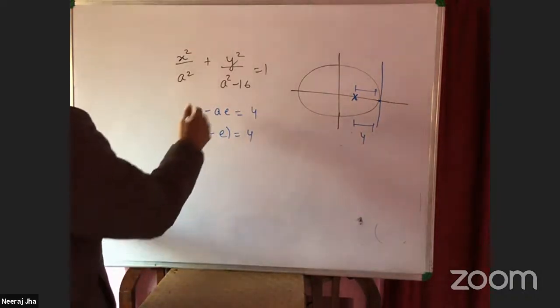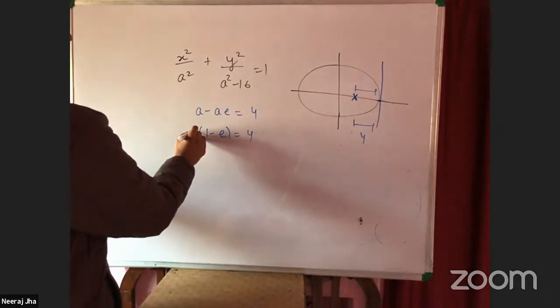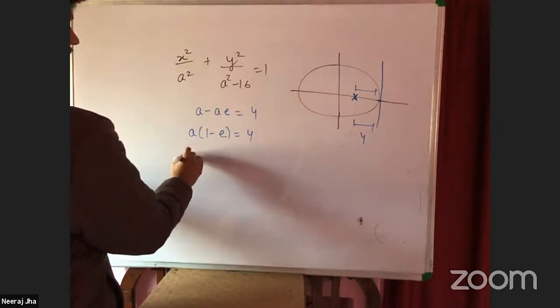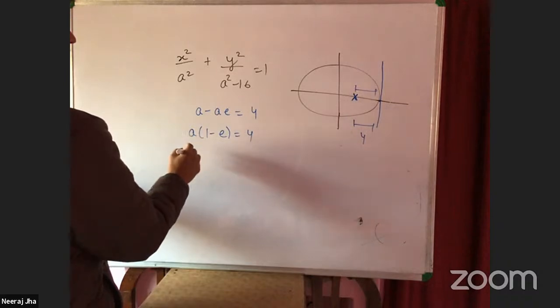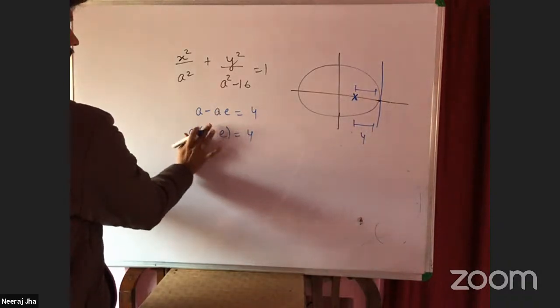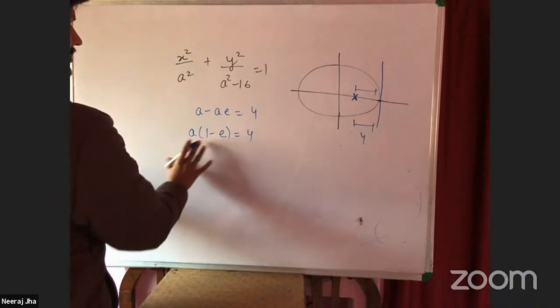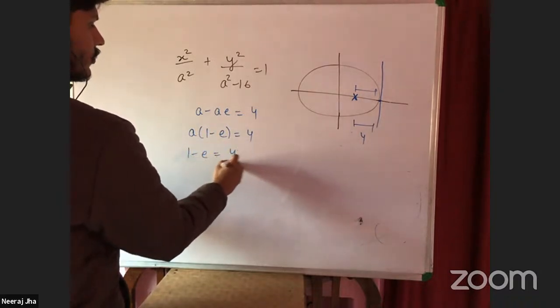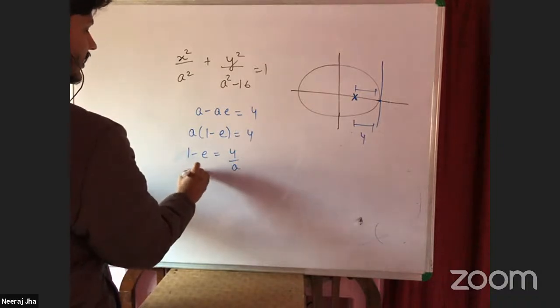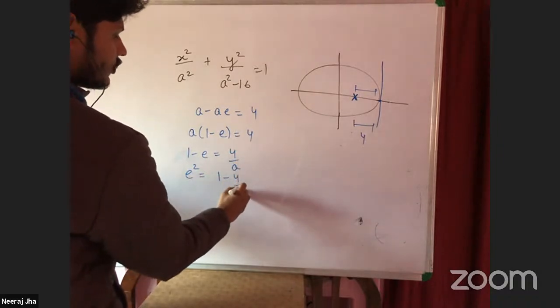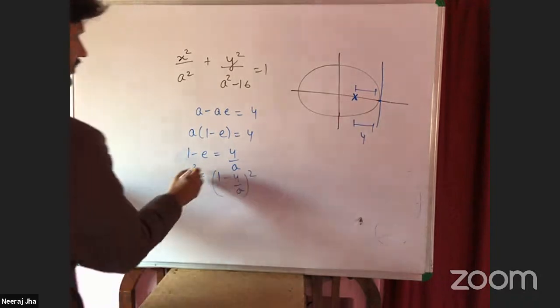And what is eccentricity over here? A into 1 minus E is equal to 4, so 1 minus E is 4 upon A, and E square is equal to 1 minus 4 upon A whole square. What is E square?